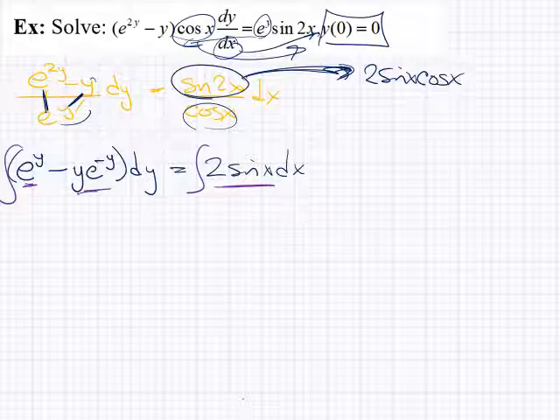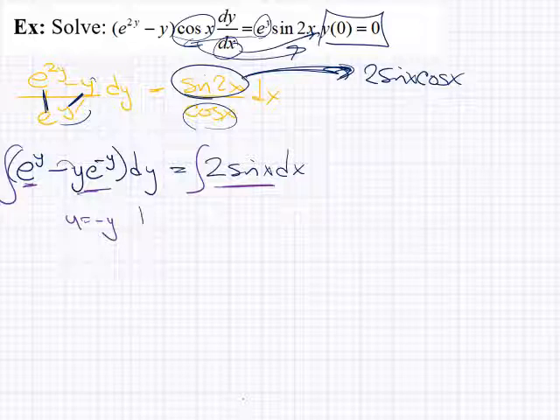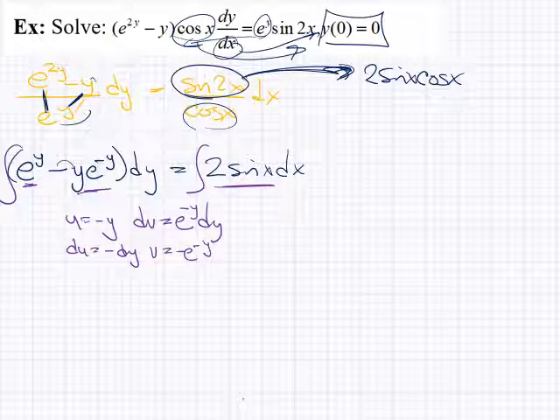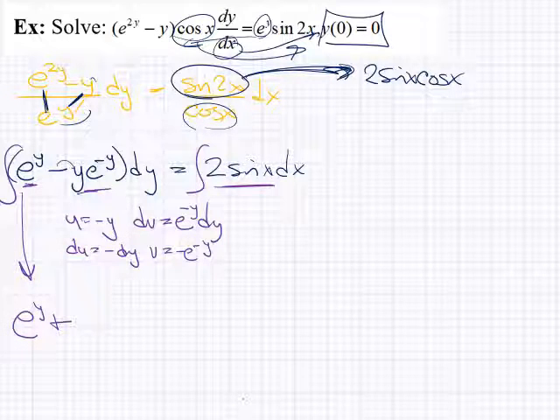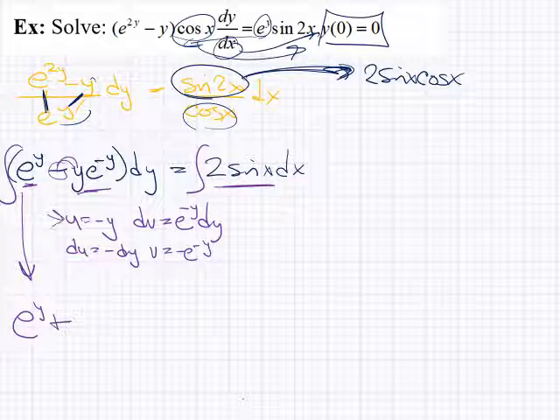So we've done this one enough times now. I'm going to say your u is going to be, I'm going to put the negative in here just to carry it along, so negative y, and the dv would be e to the negative y dy. du would be negative dy, v would be negative e to the negative y, and so we're going to get e to the y, plus, I'm doing plus because I already put the negative into this substitution.